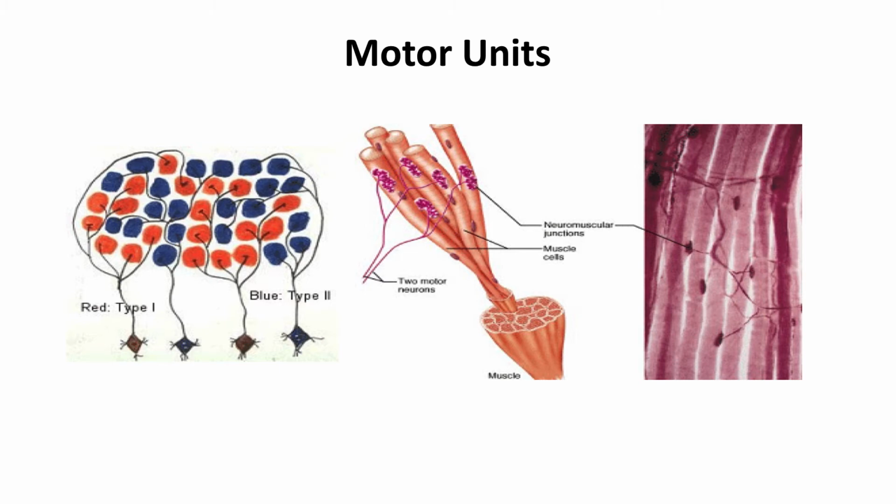And in this image, there are two red type 1 motor units and two blue type 2 motor units. Now, the far right image shows a real-life microscopic model of motor neurons attached to individual muscle fibers.